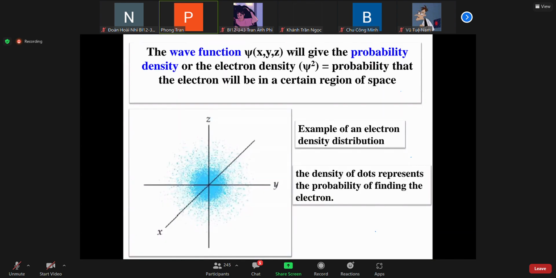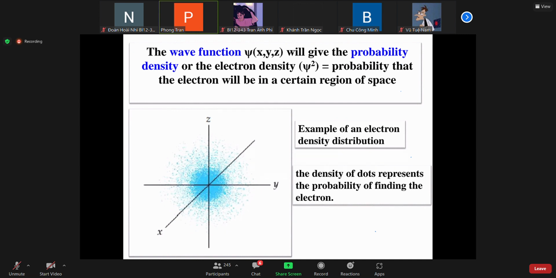What we can learn from this is that because the electron behaves like a wave, we will use a wave function to give the probability to find the electron in a space.